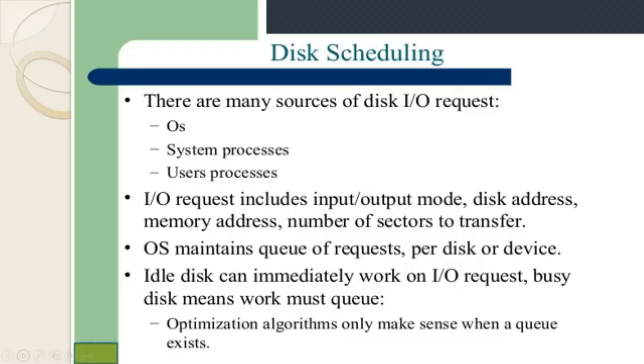An optimization algorithm only makes sense when a queue exists. When there is only one process, then there is nothing to schedule. So an optimization algorithm can make sense when a queue exists.